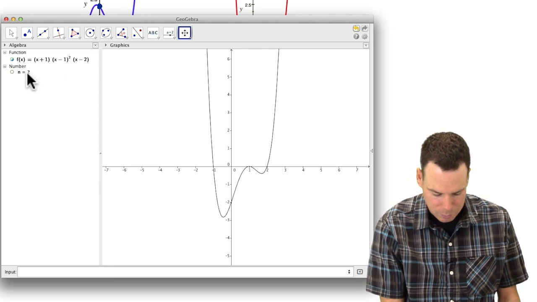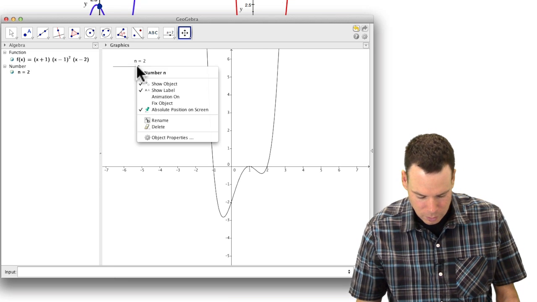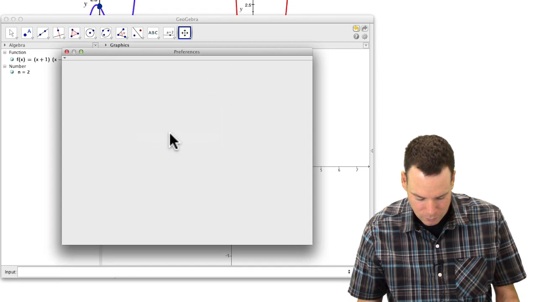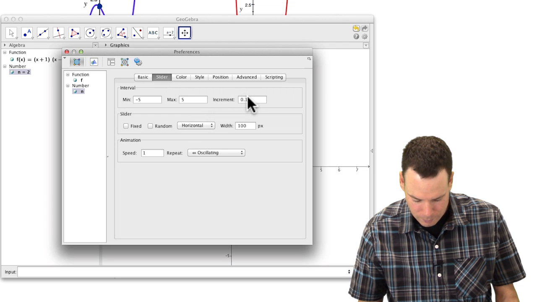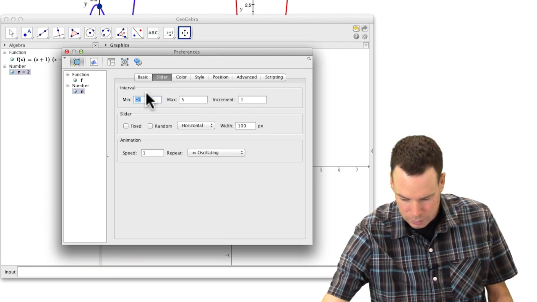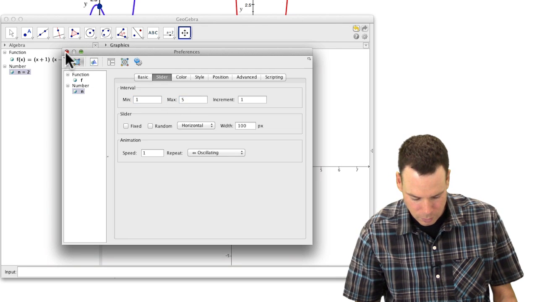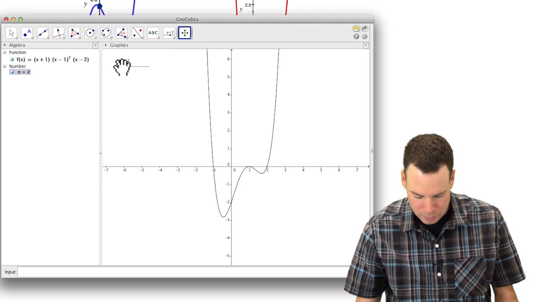Now nothing's changed because my n value is still 2. Now I'm going to get it to show it as a slider. And in order for things to behave nicely, I want to make the values that this slider goes over the integer values, let's say starting at 1 and going off to 5. That's fine. Okay. So now what happens?